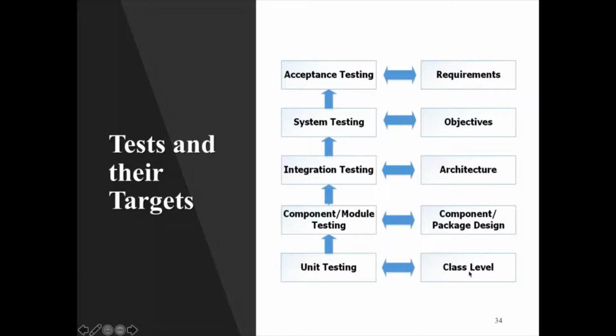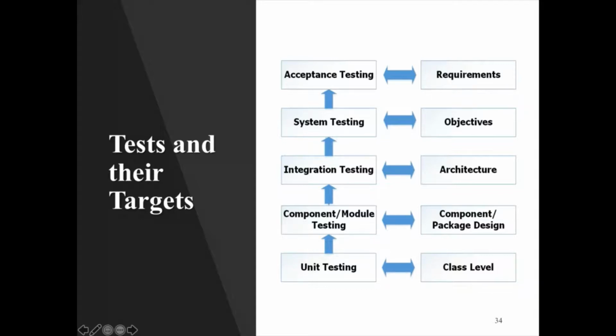At unit testing, the target is class level testing. In module testing, the target is the component or module or the package design. In integration testing, the target is to test the overall interfaces of the modules with each other, or this is called the architecture. In system testing, the overall objectives of the system are tested.